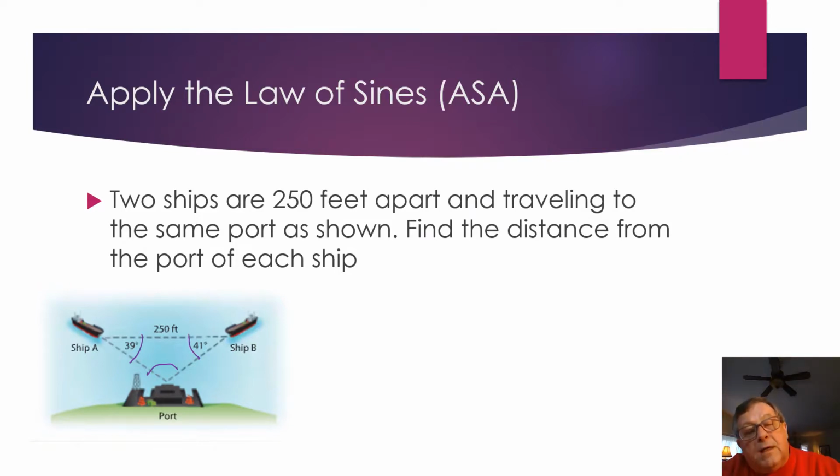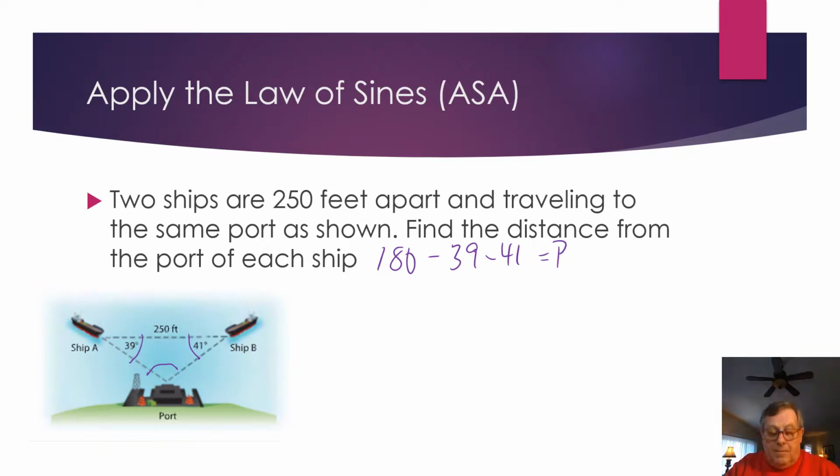We know the side opposite the angle here at the port, but I need to find that angle first. Of course, that's easy enough to do. We can just say 180 minus 39 minus 41, and that's going to give us the angle, let's call it angle P, port.